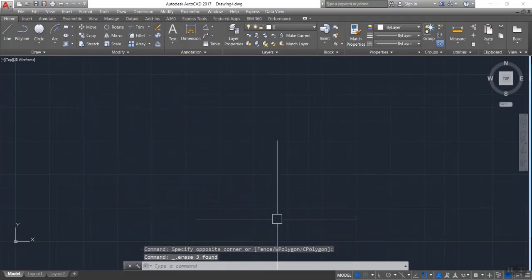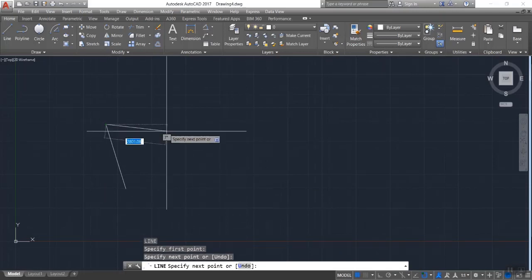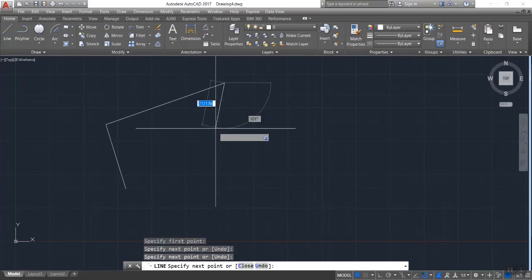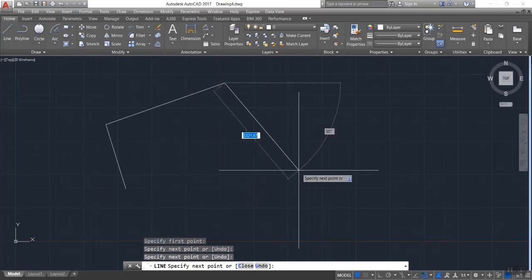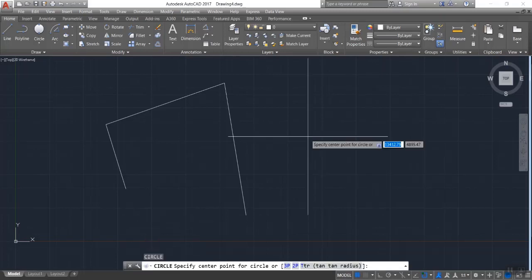And the fourth type is 3 point. Same as 2 point, we have a line over here, a line over here, and a line over here. So we need a circle touching all these 3 lines. So we C enter, 3p enter.